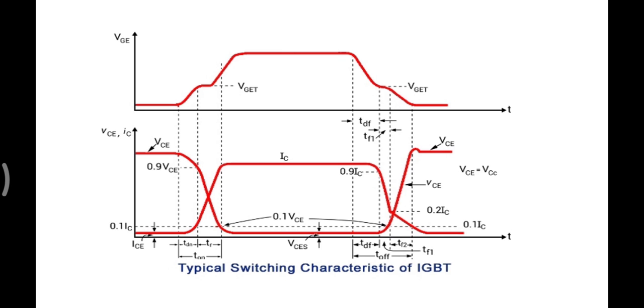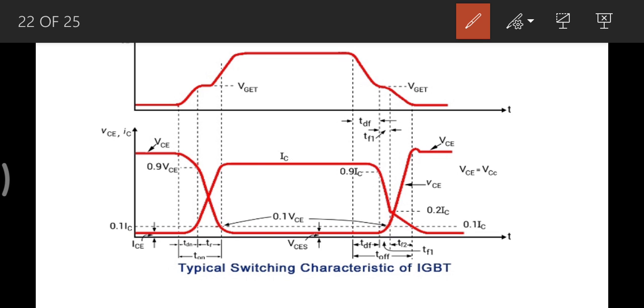So what is delay time? Delay time can be expressed with respect to collector current as the time taken for collector current to go from 0.9 IC to 0.1 IC.